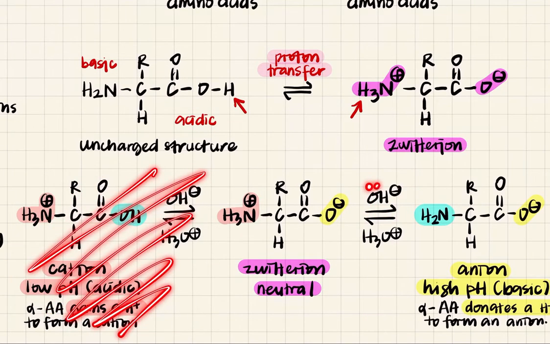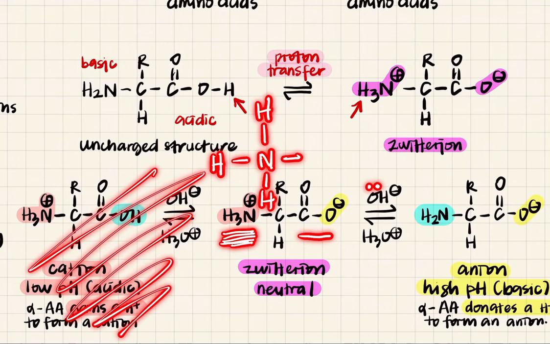Which part of your zwitterion will react with the OH minus? It will be your amino group. So this nitrogen has 4 bonds, where 3 of them are to hydrogen, and it has a plus charge.